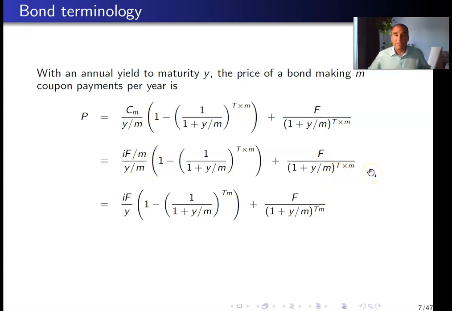So we do not discount the face value by 1 plus Y to the power number of years. We need to use 1 plus the interest rate between 2 coupon payments, to the power total number of coupon payments. That would be the coherent way to discount the face value.